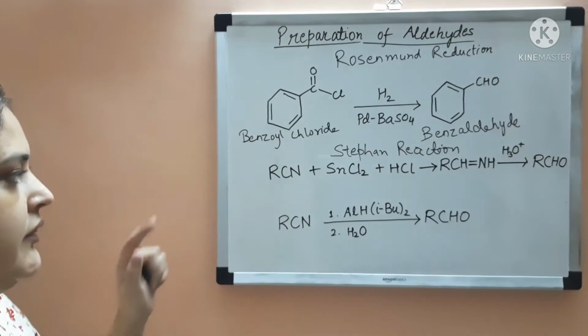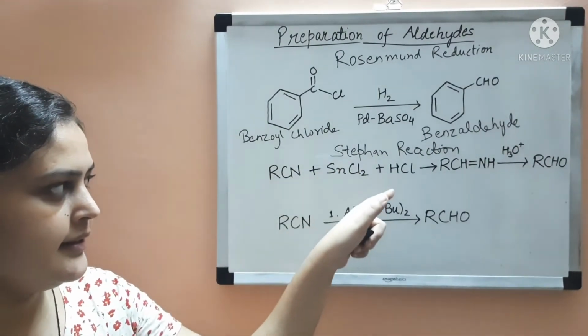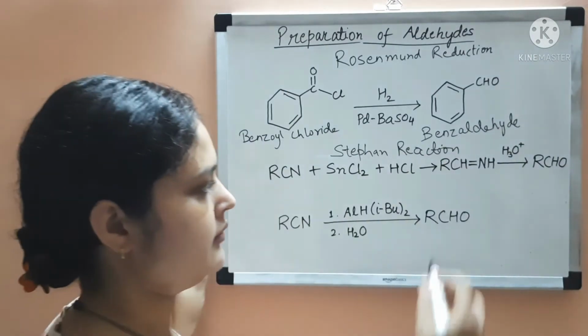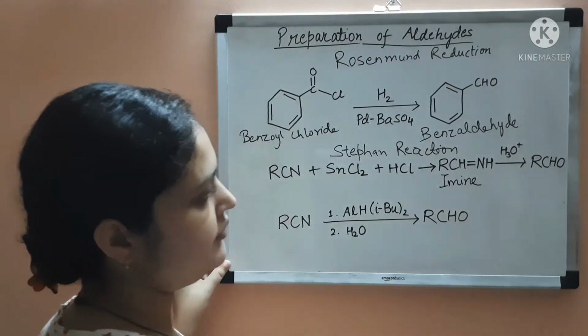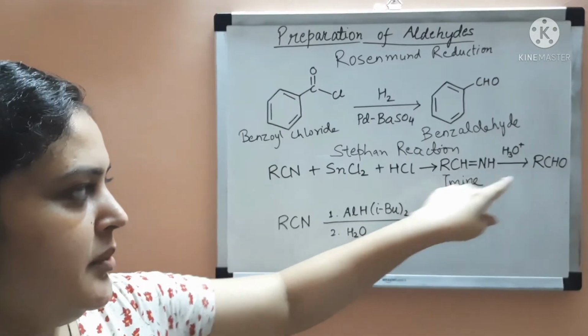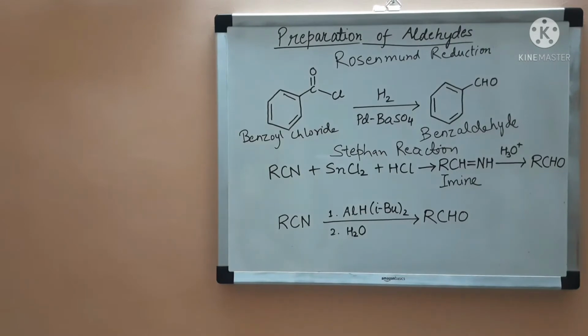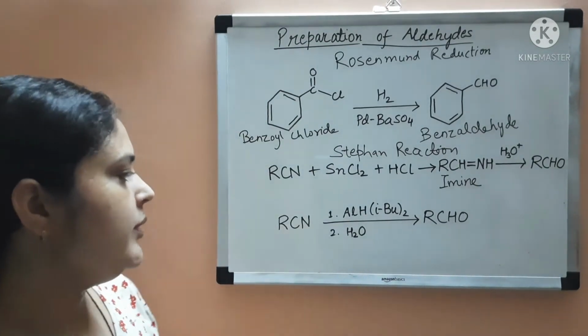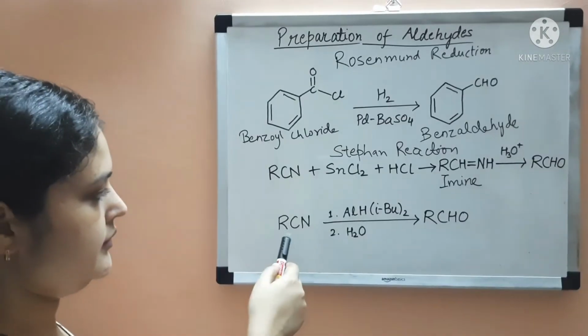Here we take the nitrile, then add stannous chloride and HCl to produce the imine, and after hydrolysis of the imine, we get the aldehyde. The next way to produce aldehyde from nitrile is this way.